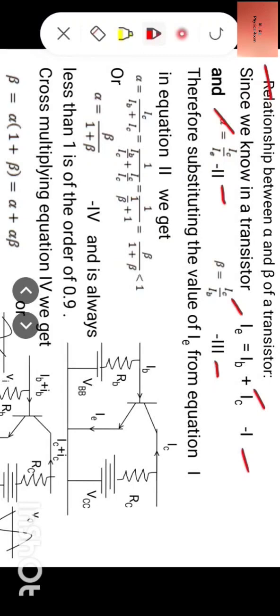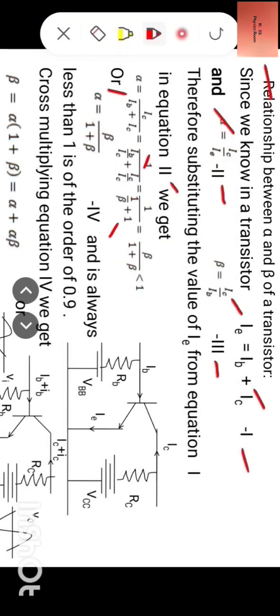Therefore, substituting the value of IE from equation 1 in equation 2, we get alpha is equal to IC divided by IB plus IC, or it is equal to 1 divided by IB by IC plus 1, or it is equal to 1 divided by 1 by beta plus 1, because IB by IC is equal to 1 by beta and IC cancels.